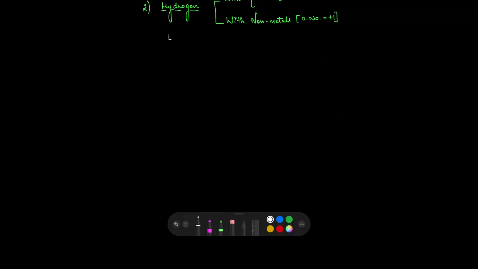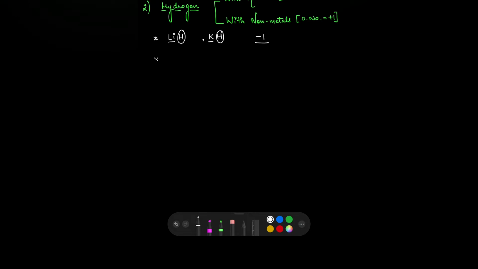We have lithium hydride or the potassium hydride. Now lithium is a metal and potassium is also a metal.